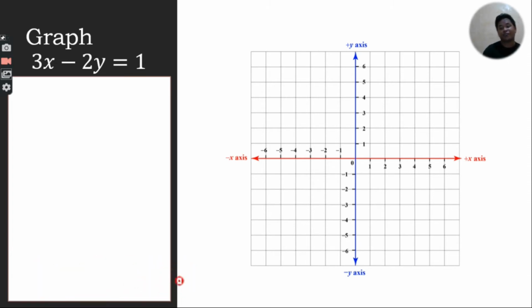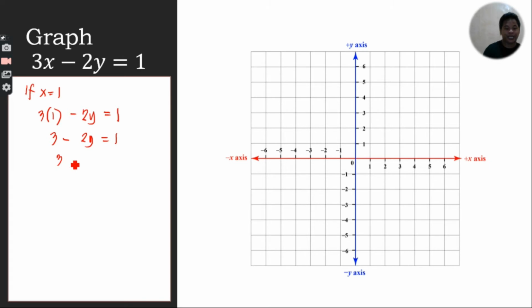Or if you want to try to find the x and y intercepts, pwede din po. So, if we're going to use 1 for x, 3 times 1 minus 2y is equal to 1. So, 3 minus 2y is equal to 1.